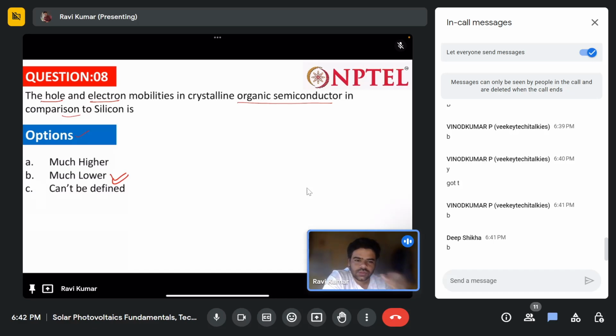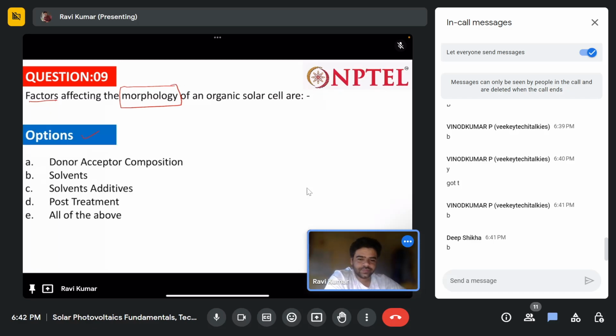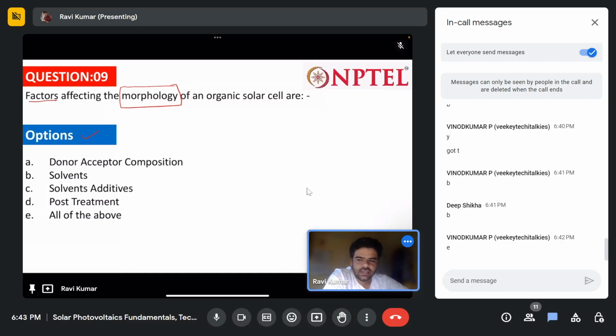Okay, let's move to the next question. B is the right answer here. Factors affecting the morphology of an organic solar cell are, and these are the options. Morphology comes into the picture when we talk about this active layer. We know this.